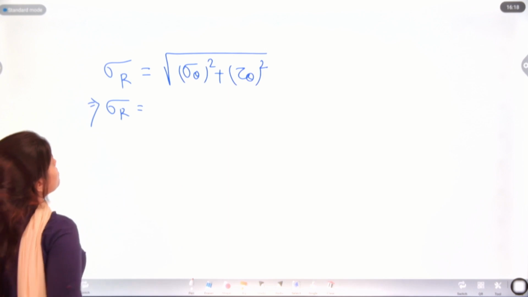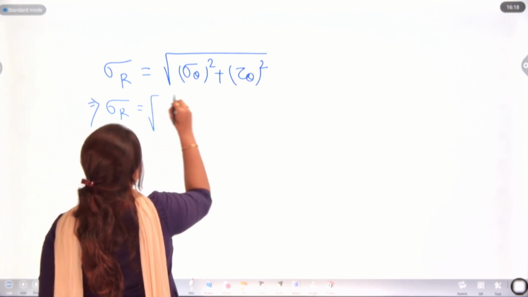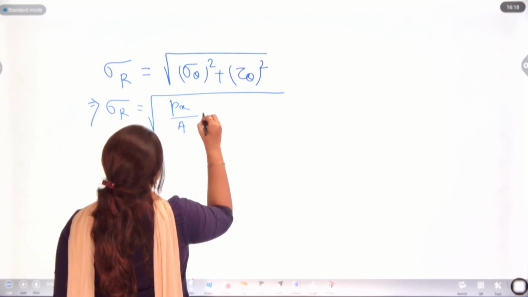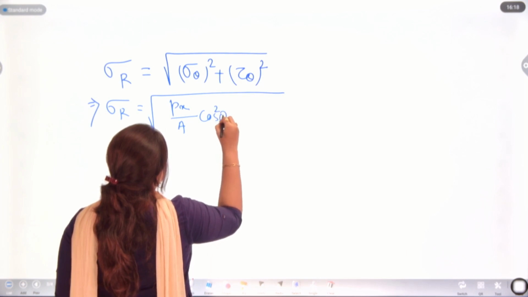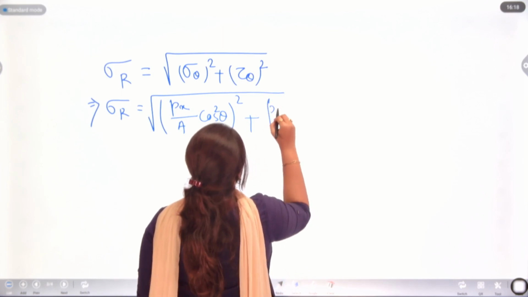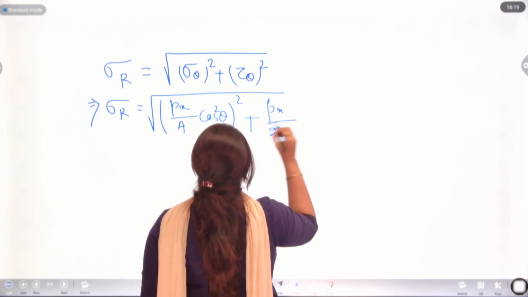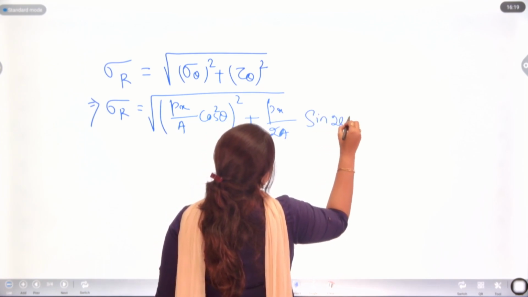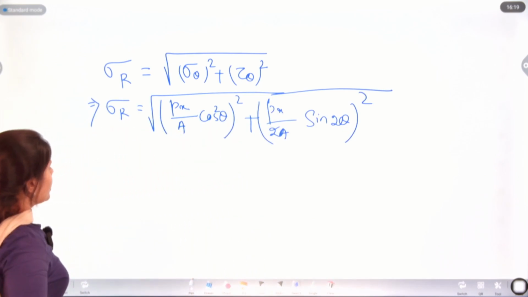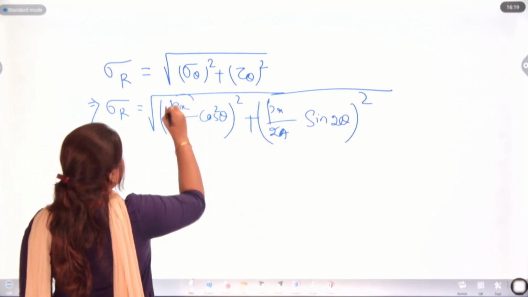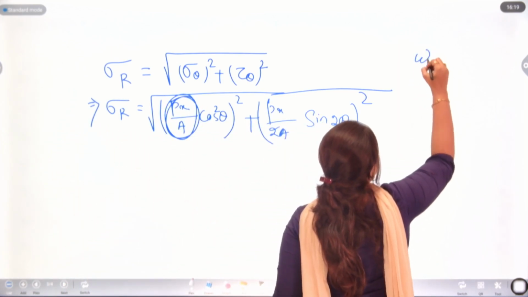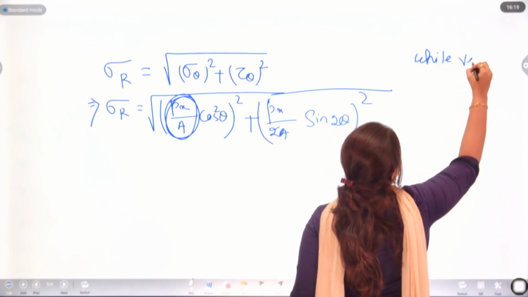We already have these values, so we can use the square root of (Px upon A cos square theta) whole square plus (Px upon 2A sin 2 theta) whole square. Okay. So, we have Px upon A while we are calculating for the vertical plane.